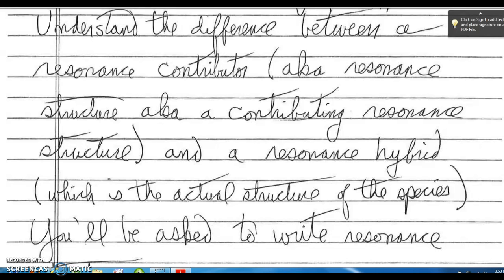Some resonance contributors, and we'll talk about that in my next lecture, are not as good as others because there's too much separation of charge, or you'll put, for instance, a negative charge on a more electropositive, that is less electronegative atom, and so forth.